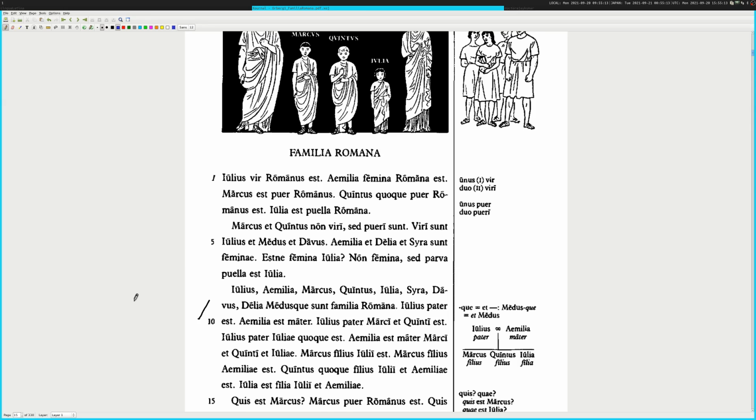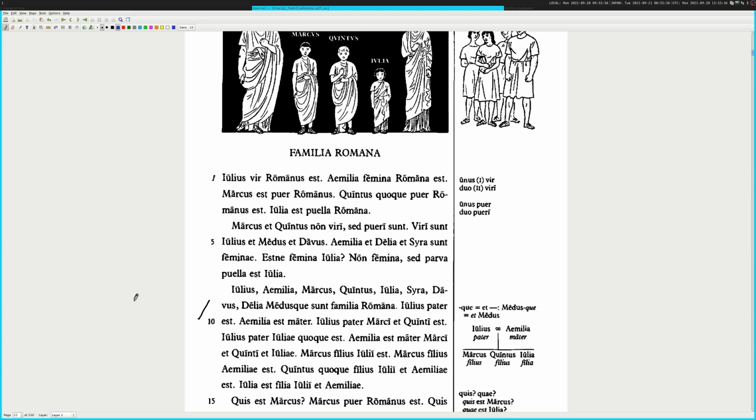Okay. Julius pater Julii. So -ae is a particle, the ending -ae. Julius is the father of Juliae, so Julia quoque. Okay, also. Aemilia is the mother of Marcus and Quintus and Julia.